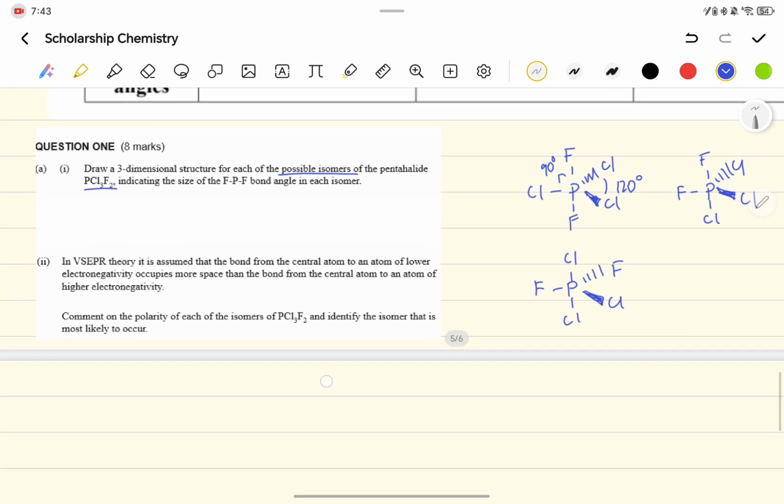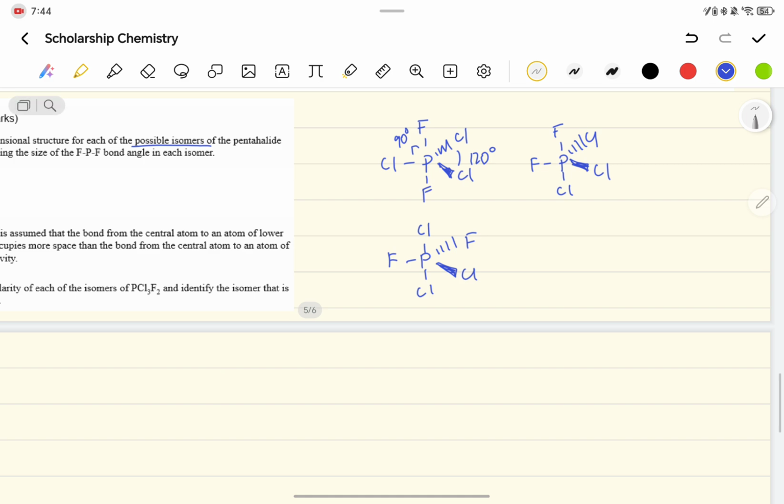Now if we look at the second part, VSEPR theory assumes that the bond from the central atom to an atom of lower electronegativity occupies more space than the bond from the central atom to an atom of higher electronegativity. What it's saying is that the atom with lower electronegativity will occupy more space, or will want more space.